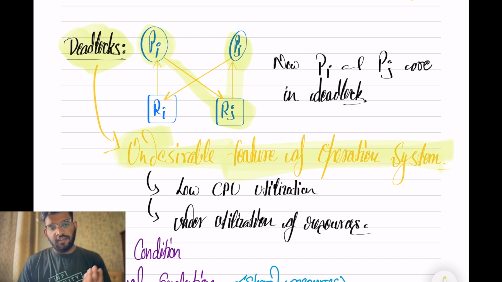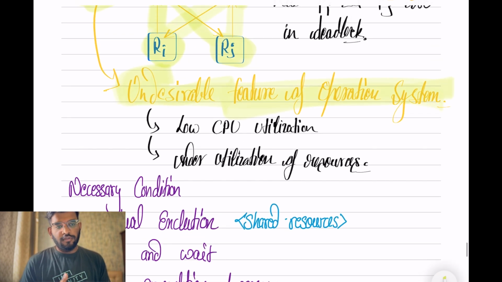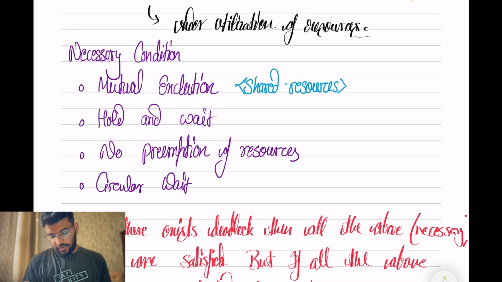PI is requesting resource RJ, and RJ is assigned to PJ, and PJ is requesting the resource RI which is assigned to process PI. Therefore, it becomes a circular wait, and PI and PJ are now in deadlock.